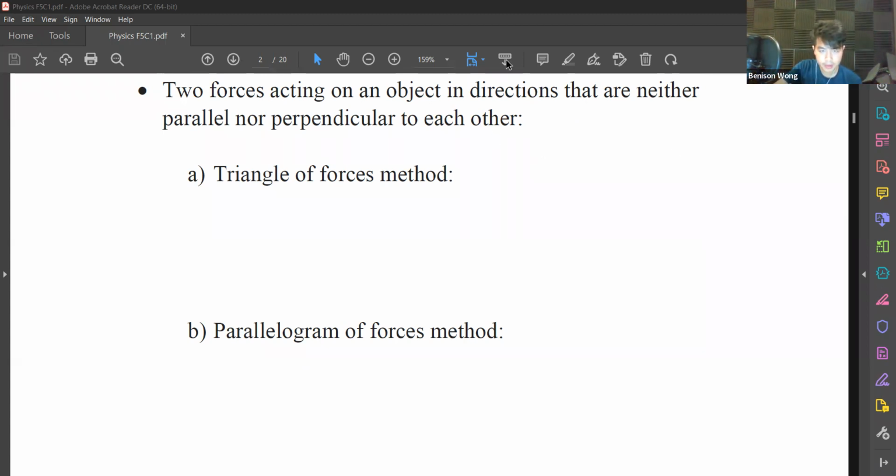Okay. Let's say, let's find an example. Instead of giving magnitudes, I'll just show you how I do it. Okay, so let's say you have a force here.